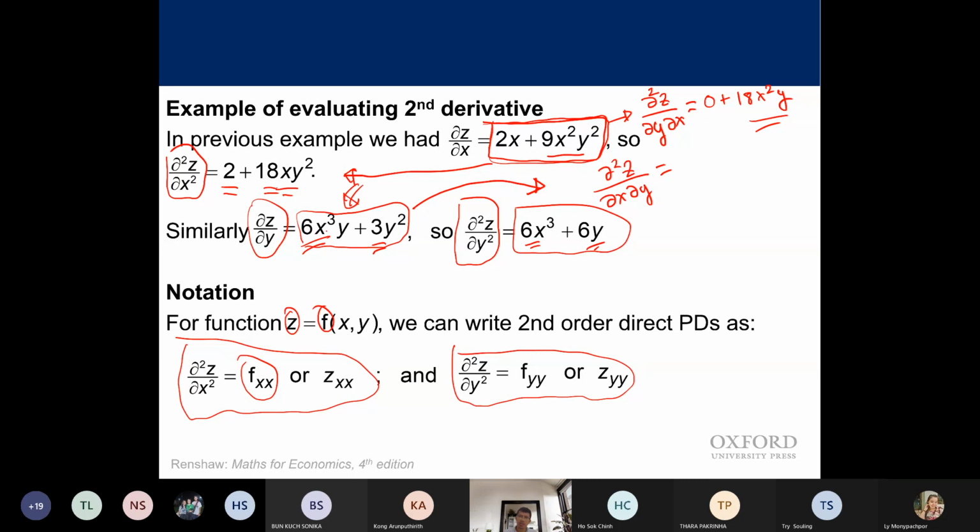With respect to x, it's going to be 18 x squared y plus, you differentiate this term 3y squared with respect to x, it will be 0, right? So look, they are identical, exactly the same. No matter what order you are performing, you end up with exactly the same result.